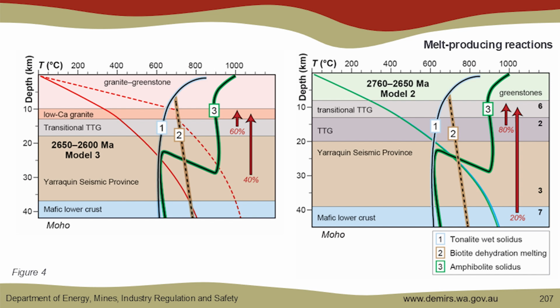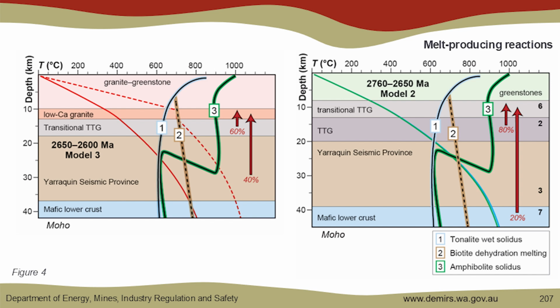Now, if we look at Model 3, again, this last part of the Yilgarn's evolution, looking at the red line, we see that it crosses the melt-producing reactions in the lower parts or the mid-crust. But if we now look at that dashed geotherm, the geotherm that takes into account the granites that were kicking around as well, wow, we're really starting to cross the melt-producing reactions at much shallower levels.